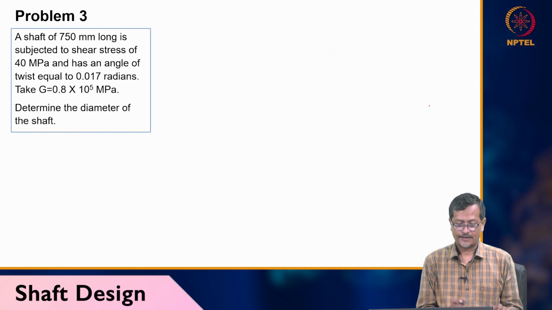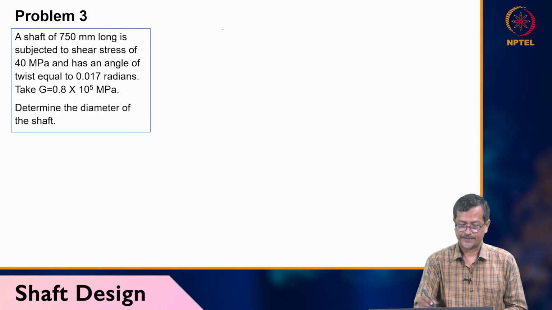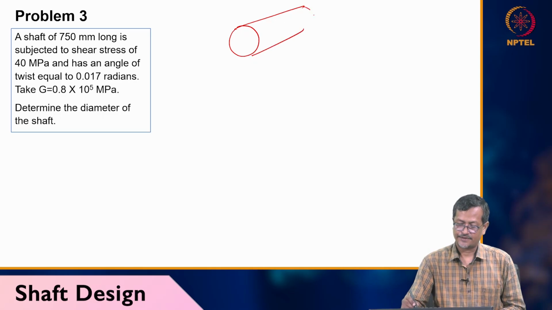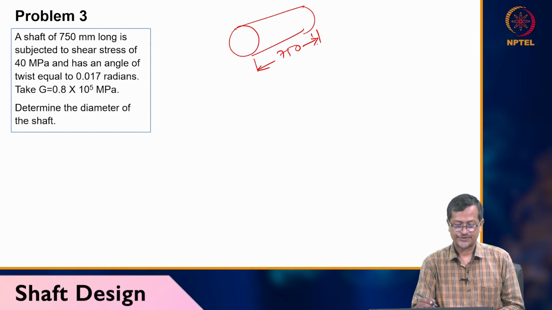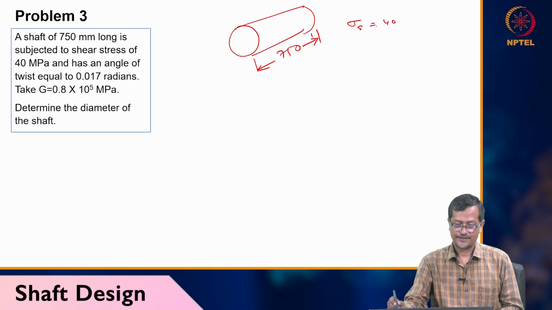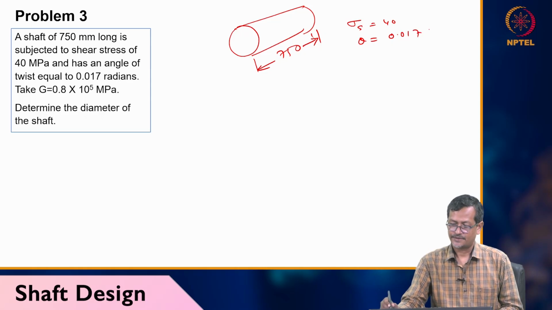A shaft 750 millimeter long is subject to shear stress of 40 MPa, and has an angle of twist theta of 0.017 radian.